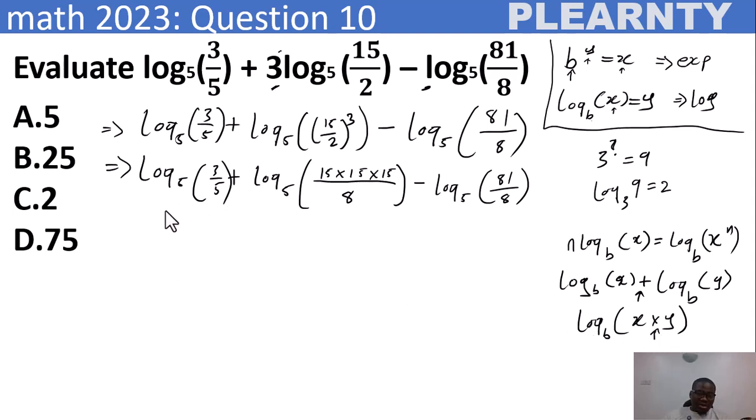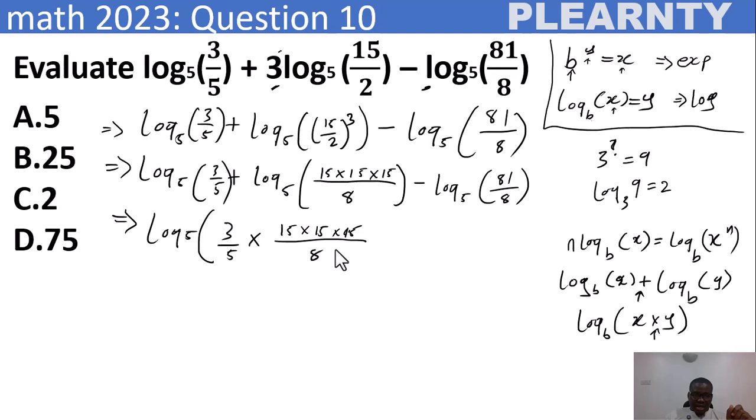So if you want to do that for this expression, you say log base 5 open bracket 3 over 5 times 15 times 15 times 15 over 8 divided by 81 over 8.